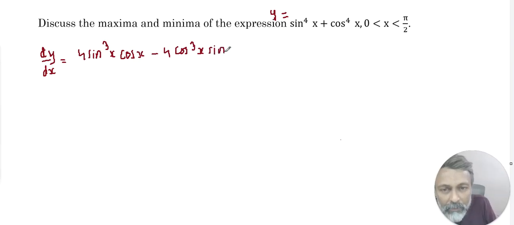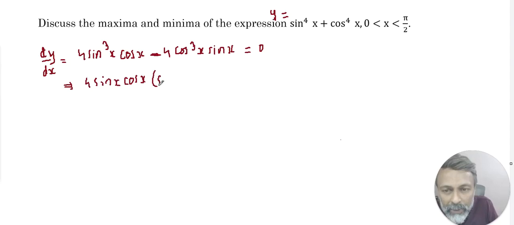That is why we have written a minus sign in the middle here. And we equate the derivative to 0. We can take 4 sin x cos x as common. So inside we get sin square x minus cos square x equal to 0.